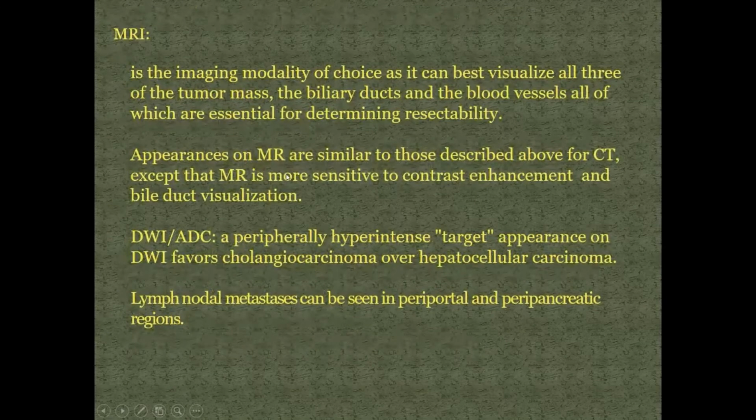MR has now become the imaging modality of choice, and we can see the tumor mass, the bile ducts and the blood vessels, and they are all essential for determining surgical resectability. Appearances on MR are similar to CT, but it is more sensitive and can assess the bile ducts better. The recent literature suggests that on diffusion weighted images, a peripheral hyperintense target appearance favors cholangiocarcinoma over hepatocellular carcinoma.